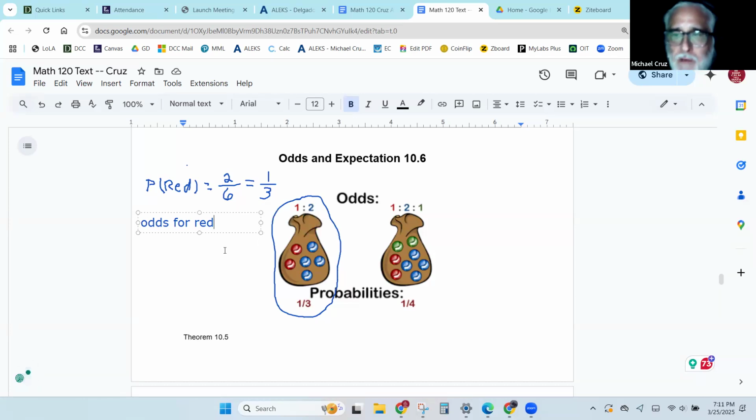In this bag, there are 2 red and 4 blue. Now, we always want to simplify our proportions. We don't want to keep a common factor. So we're going to do the same thing we did with that fraction up there. So our odds for red are 1 to 2.